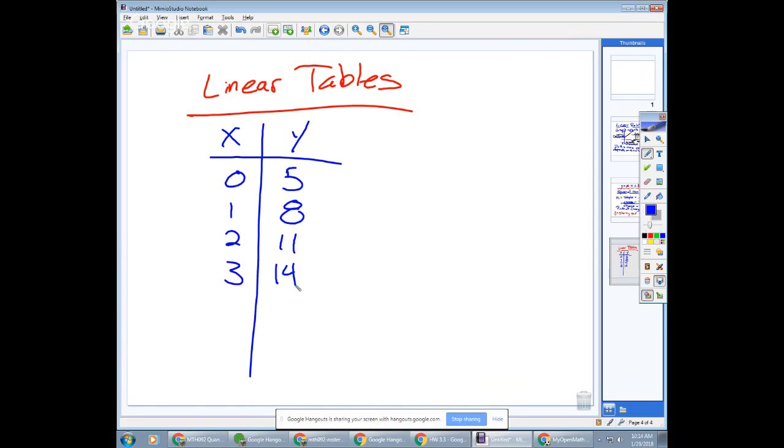Today. So does this table of numbers represent a linear relationship with X and Y, and how do I figure that out?